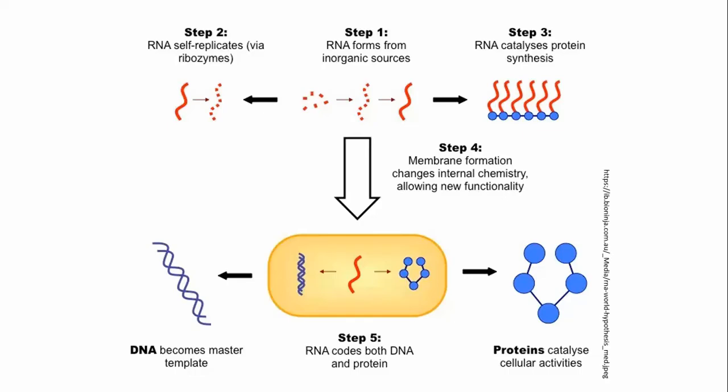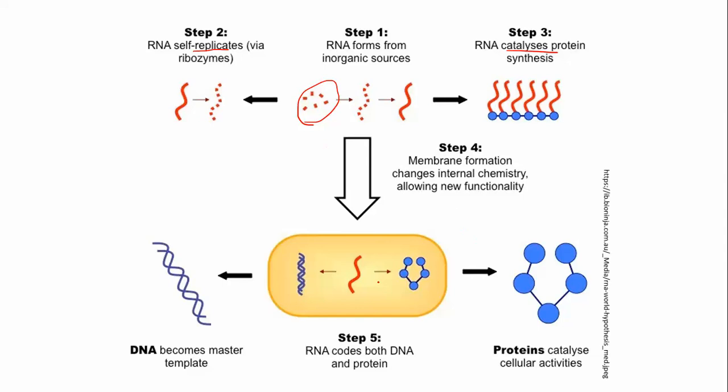that's RNA world. So here's some of the steps that would have been necessary. So you have inorganic sources. These are probably small, like nucleotide precursors that come together to form RNA. That RNA can self-replicate, and it can also cause protein synthesis, so it can build some very simple proteins.